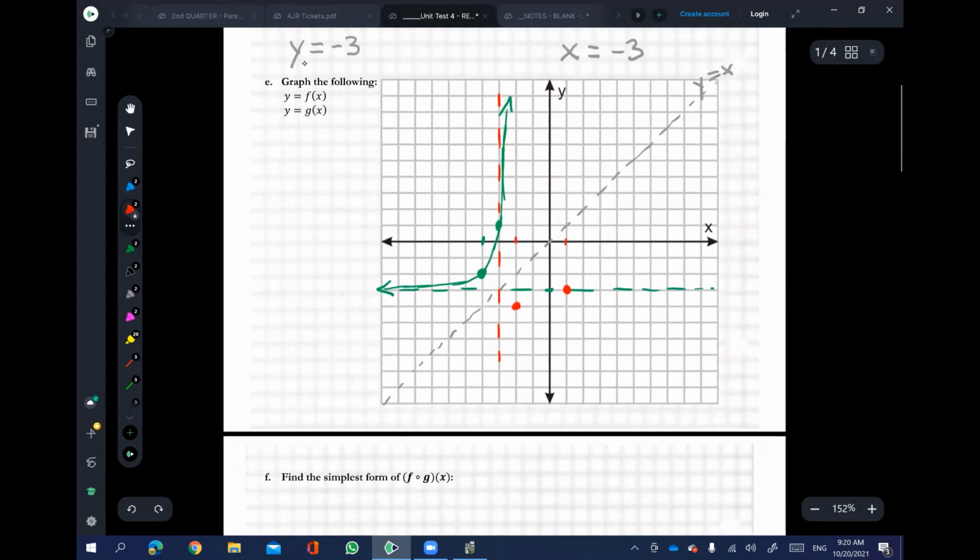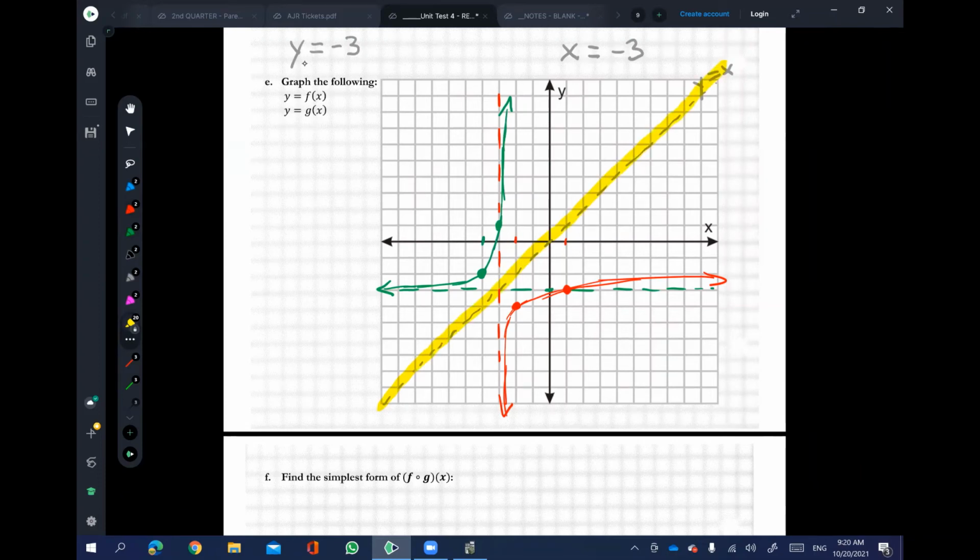And that should be enough for me to sketch a decent graph of that. And as you can see, both graphs are reflecting across the line y equals x.